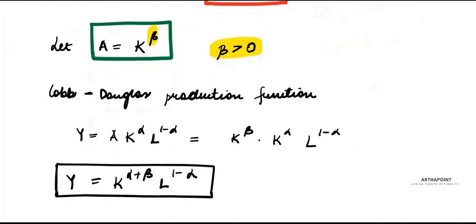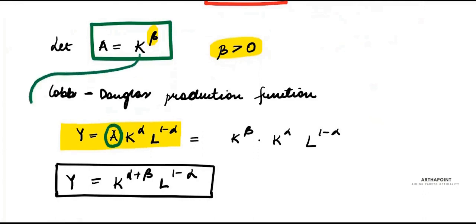Now, if we consider the Cobb-Douglas production function, we have y is equal to A, K to the power alpha, L to the power 1 minus alpha. And we can go ahead and replace this A with K to the power beta.